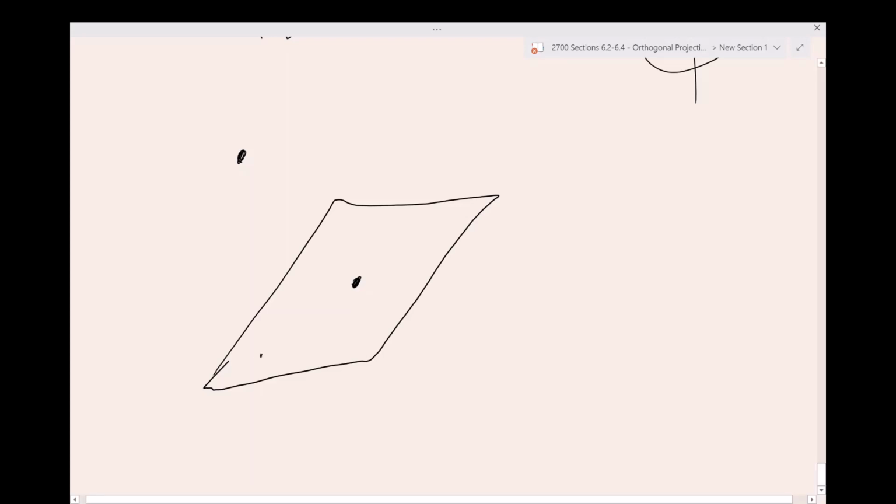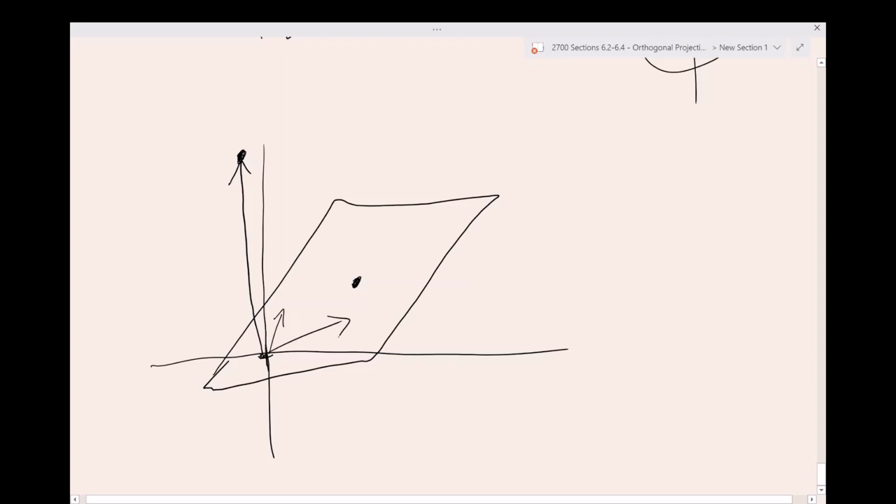We'll find any point on that plane and subtract it to shift this whole thing to the origin, and then shift this point along with it. So now I've got a plane that passes through the origin, meaning it's a subspace now. And I can think of that point here as a vector. And then I can just find two vectors that aren't parallel that'll sit on that plane, which is usually pretty easy.